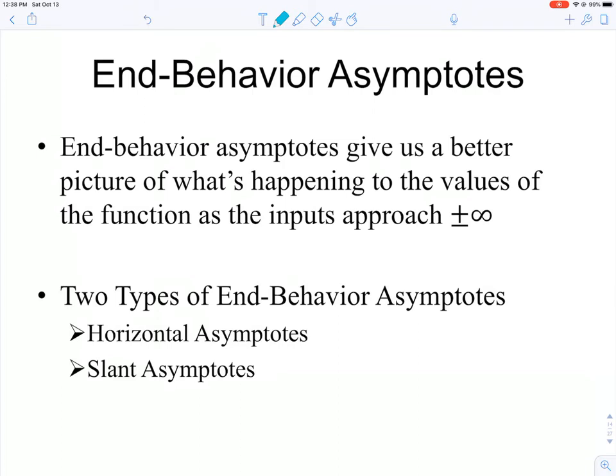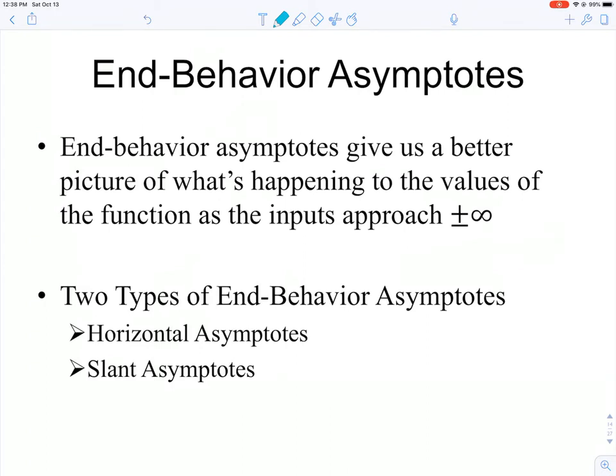Okay, so now let's talk end behavior asymptotes. So we've already talked vertical asymptotes, and then the other type of asymptote are end behavior asymptotes. So end behavior asymptotes give us a better picture of what's happening to the values of the function as the inputs, so the x values, approach positive or negative infinity. So the end behavior model gives us an idea, like if the function is approaching, say, as x approaches positive infinity, if the function would be approaching positive infinity as well.